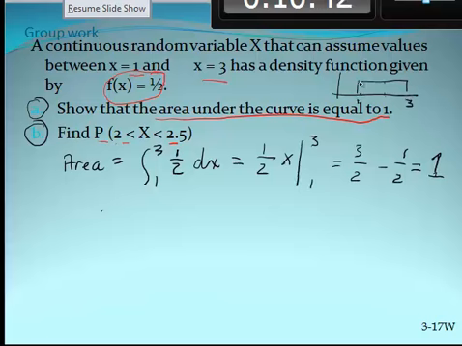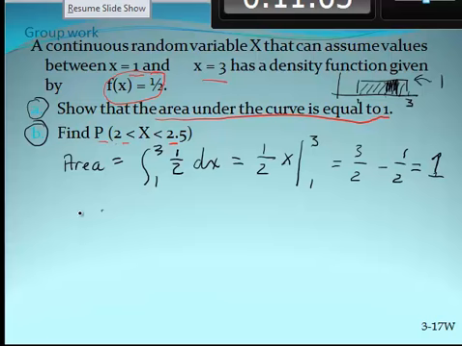Now, this whole area is 1. We're now being asked to evaluate between 2 and 2.5. If I could draw better, you can pretty clearly see that that should end up being about 1/4 of the area.